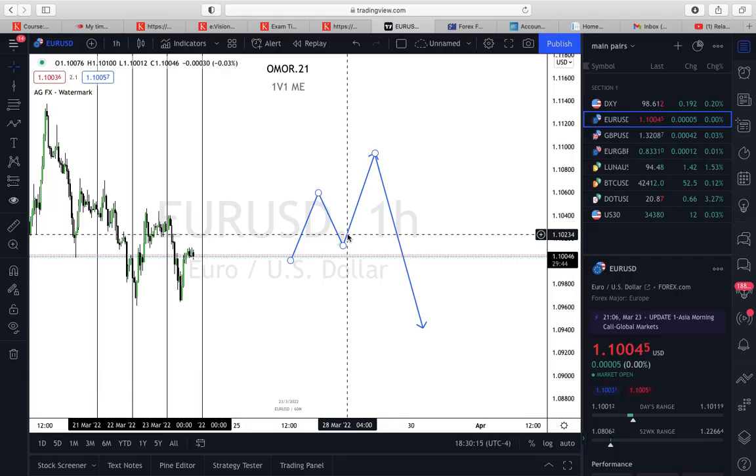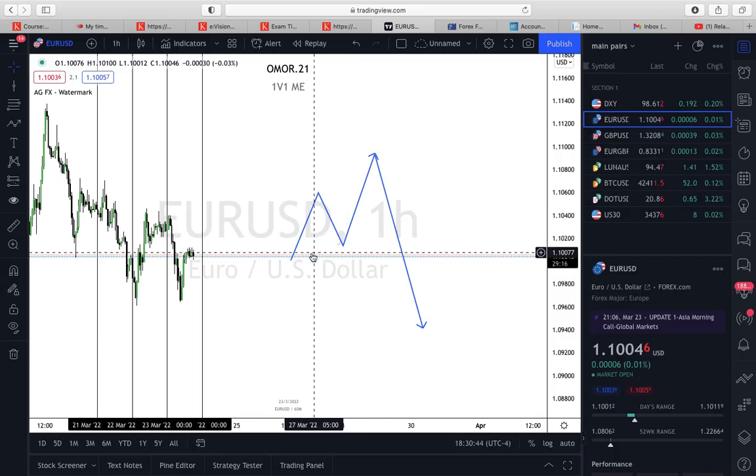The breaker block is very specific because the breaker is responsible for the market structure shift. When you see the market structure shift happen, there is no way you can have a market structure shift without a breaker block in it. It's impossible. The breaker and the market structure shift go hand in hand together.